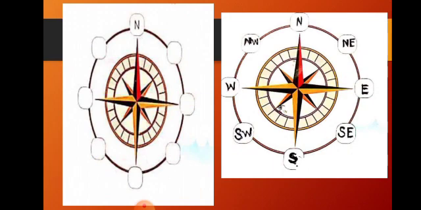Okay, in between N, that is north, and E, that is east, mark NE, that is northeast. Now, in between E and S, mark SE, that is southeast. In between W and S, mark SW, that is southwest. And in between W and N, mark NW, that is northwest.